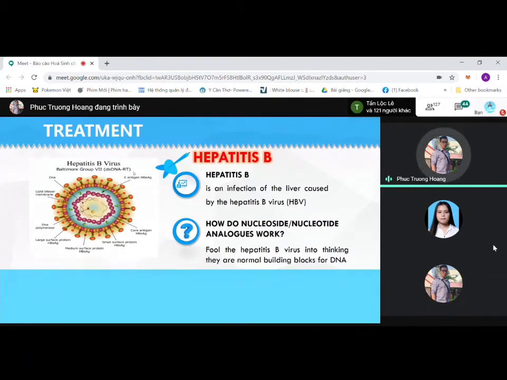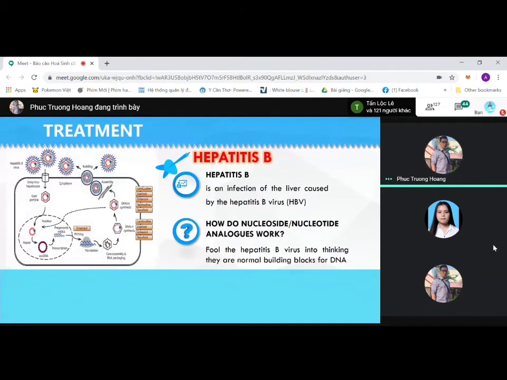This virus will affect the liver cells, as you can see here, and it will go through a lot of steps to create their new generation and also damage the liver cell. So if we use drugs that terminate those steps of this virus, this virus will not harm our body.